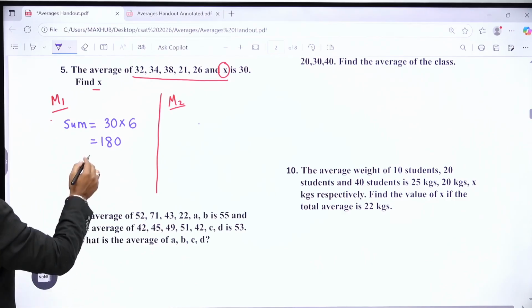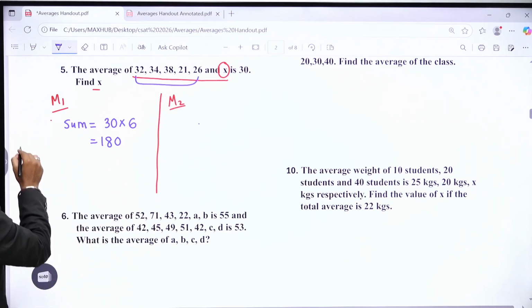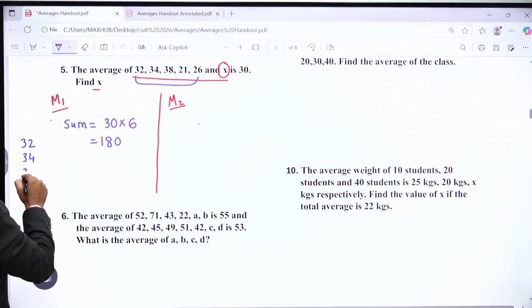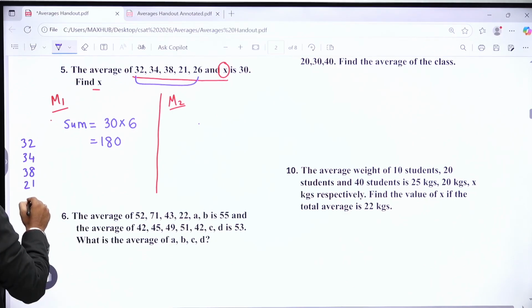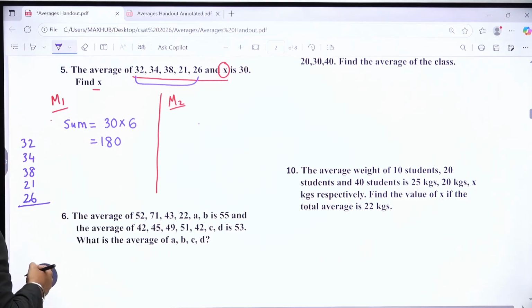That means 180 अगर हुआ तो फिर इसका sum करोगे आप, इसका sum करो, कितना आएगा? 32, फिर 34, फिर 38, फिर 21 और फिर 26. यही करते थे आप. ये PYQ में इस तरह का question है. So once you do the sum of this, what will happen?